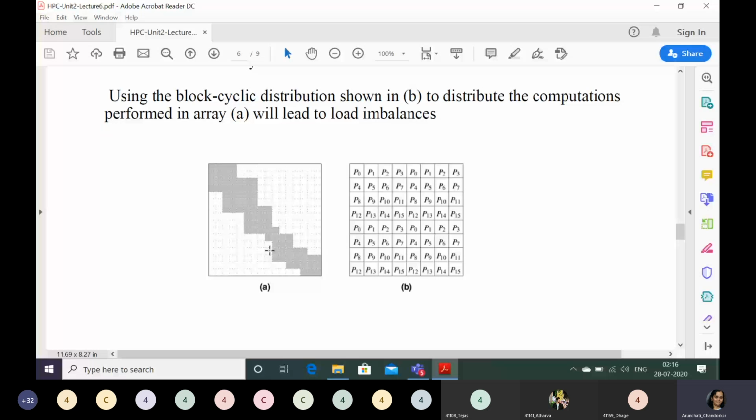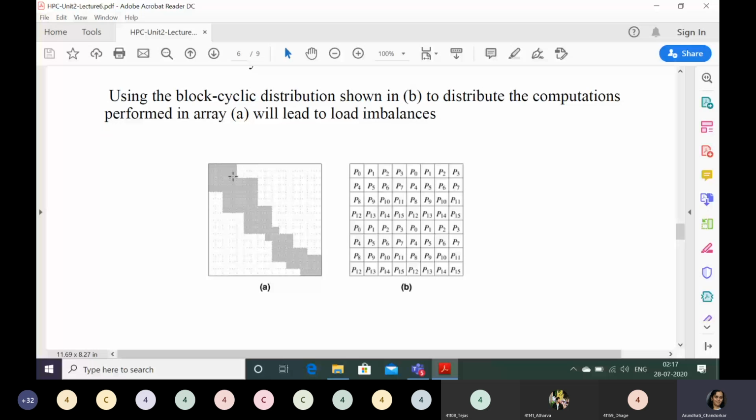Even if we are using block cyclic, that is wraparound, using 16 processes here, this can be the case. This is a snapshot of, let us say, a sparse situation.